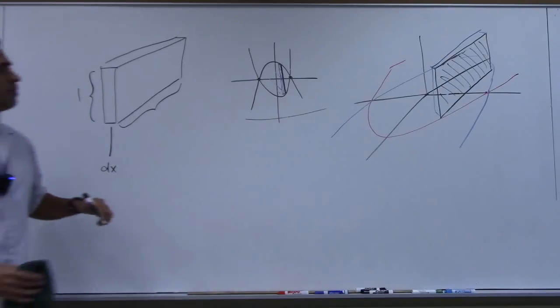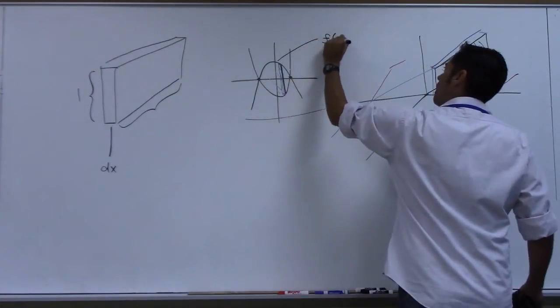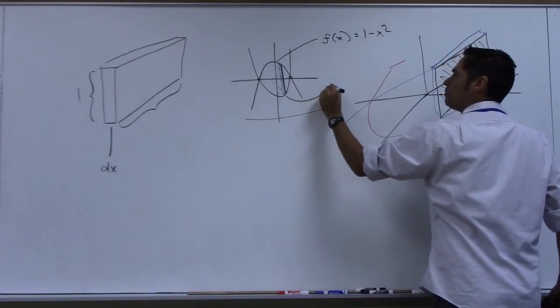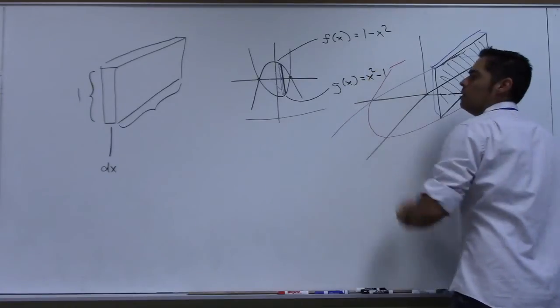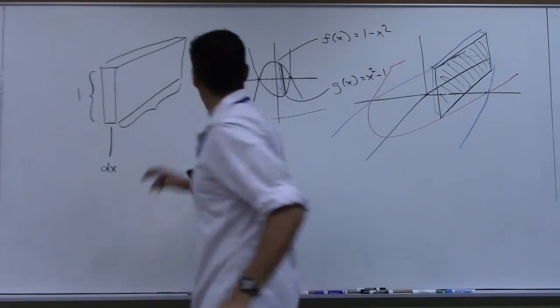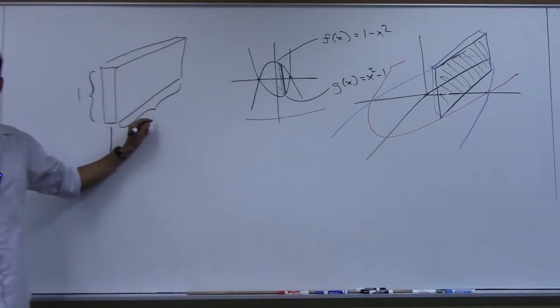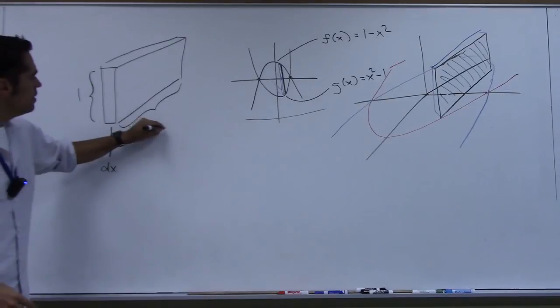What's the f of x for us here? What's the top function? 1 minus x squared. What's the bottom function? x squared minus 1. So this distance from here to here should be the f function minus the g function. So what is f take away g?